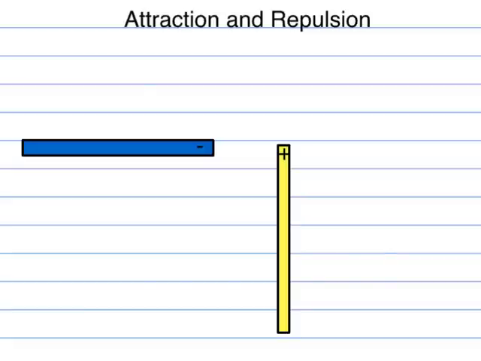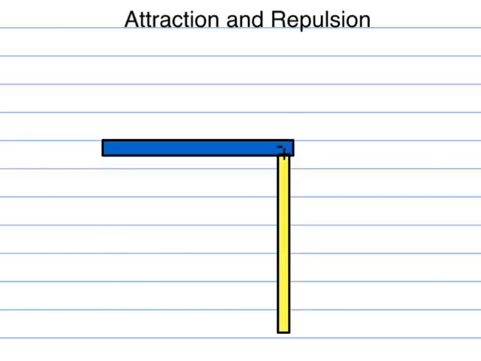Now, attraction and repulsion. We can see here that we've got two materials. One's negatively charged and one's positively charged. We'll look at how we can get those charged in a moment, but first let's look at what happens when we move them towards each other. If we move the negative towards the positive, they will attract.